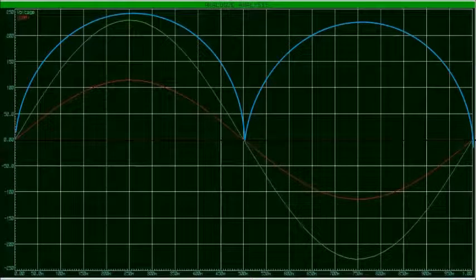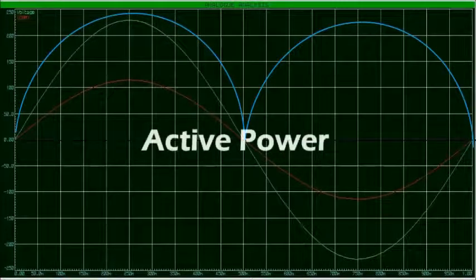Similarly, you can calculate power at any instant and you will get only positive power. So we can conclude that in case of resistive circuit, power remains positive at every instant, and this kind of power is called active power.